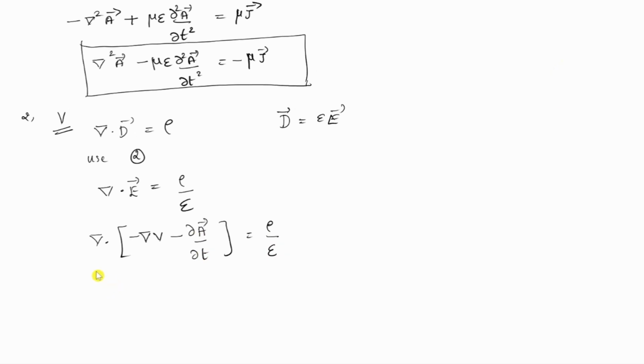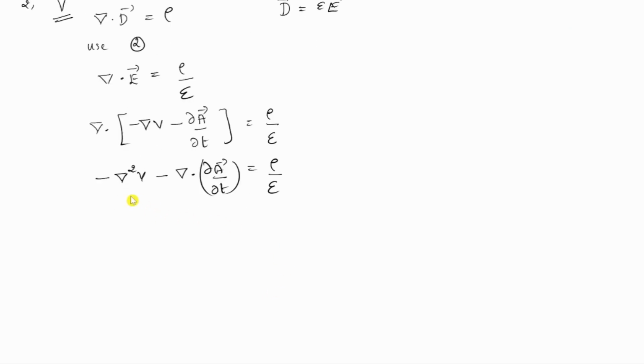Similar to the previous case, let us split this bracket term. That is minus del dot del, which is del square V, and one more minus, minus del dot dou by dou T of A, so I can write del dot dou A by dou T, that is equal to rho by epsilon. In both the terms we have minus, so we can bring that minus common.